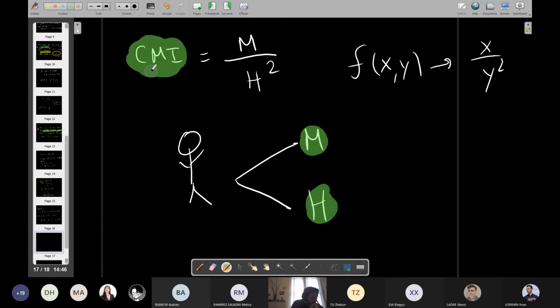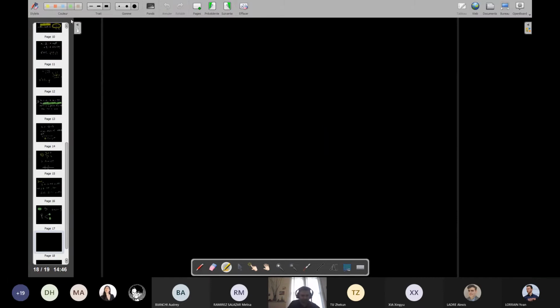Okay, now we have to talk about expectation. If you have a random variable, you want to know the mean value of the random variable. What's the mean weight of people? What's the mean height of people?